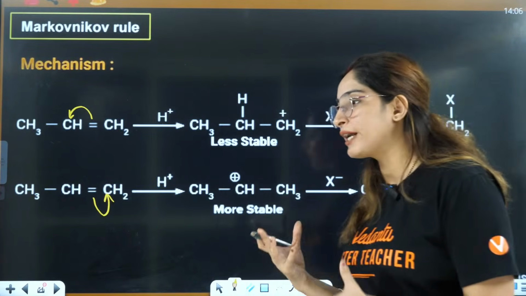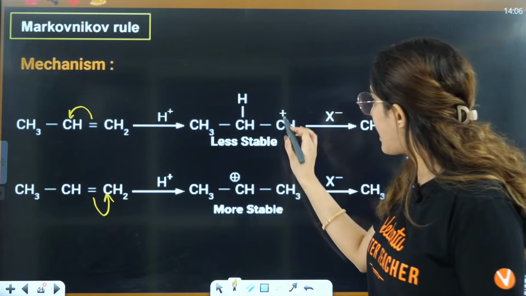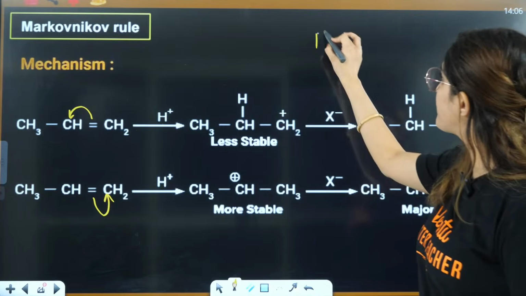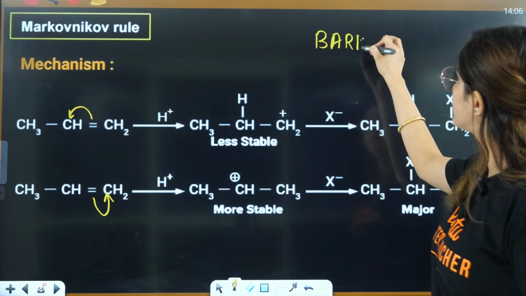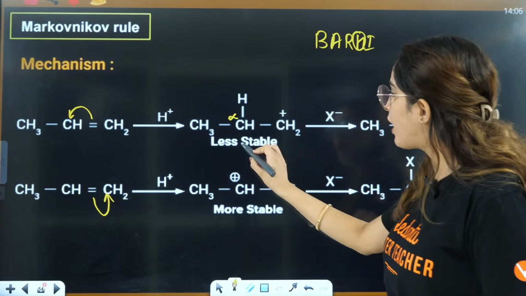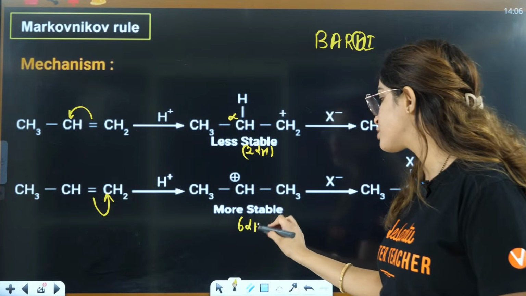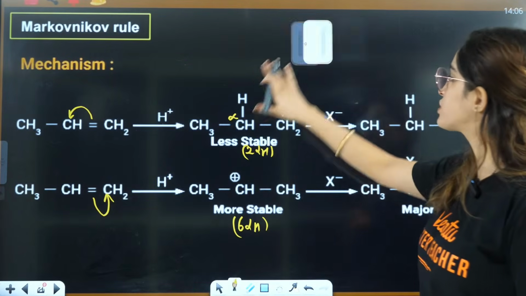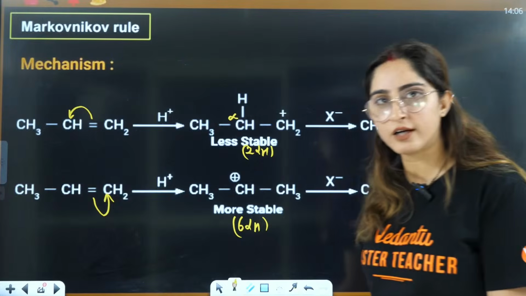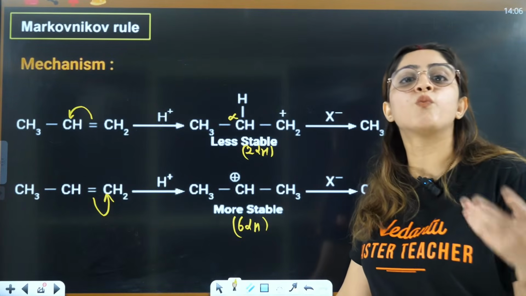Now, tell me, according to GOC, which is the more stable carbocation? According to hyperconjugation, this has 2 alpha hydrogens, and here you have 6 alpha hydrogens, so definitely this is going to be more stable. Usually students answer it by inductive effect, but I will answer it by hyperconjugation because hyperconjugation is more dominating.